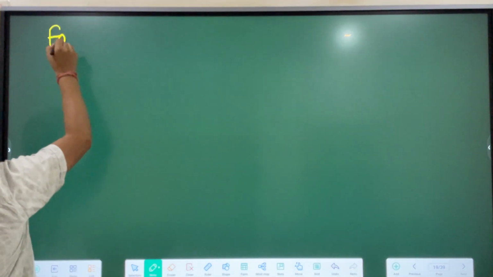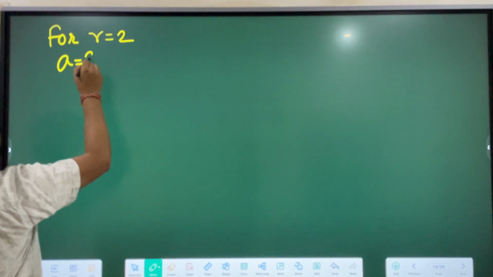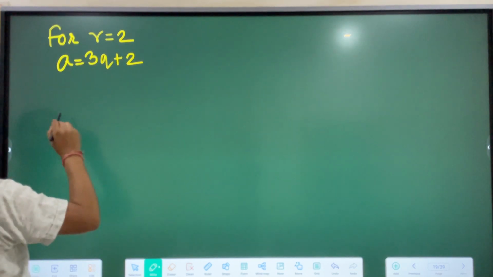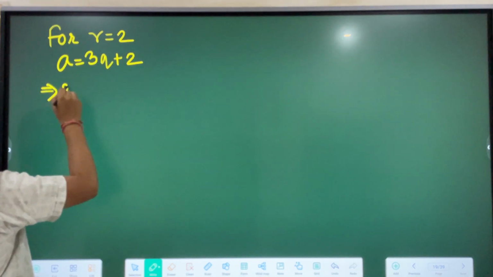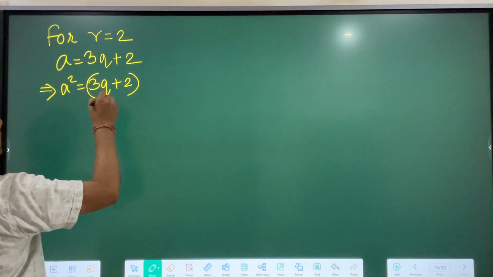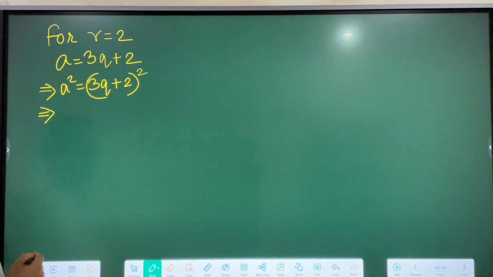For r equals 2, a equals 3q plus 2. So squaring both sides here also, the process is the same. Everything will be dependent on the calculation.